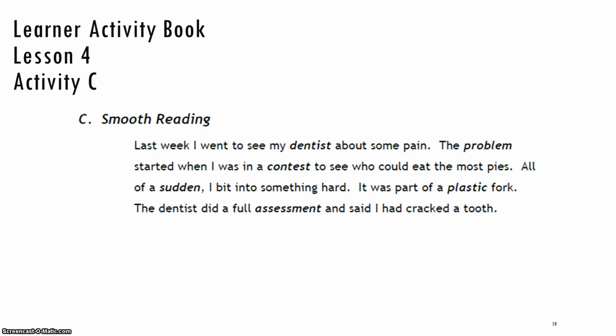Okay, I want you to read this and divide the bolded words into syllables using the strategy that we just talked about. Pause, and when you come back, I will show you the answers.